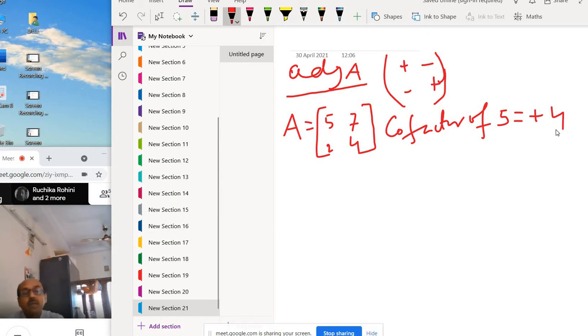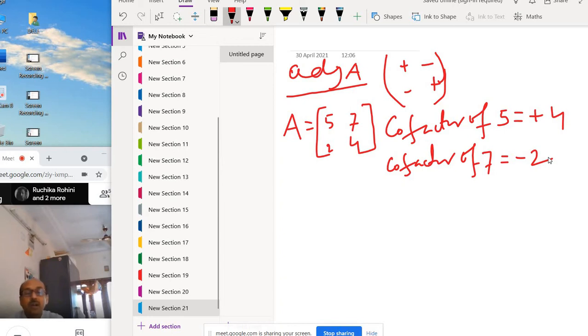Now the cofactor of 7. Deleting the corresponding row and column along 7, which element is left? That is 2. And the sign is negative, plus minus. So it is minus 2, the cofactor of 7.